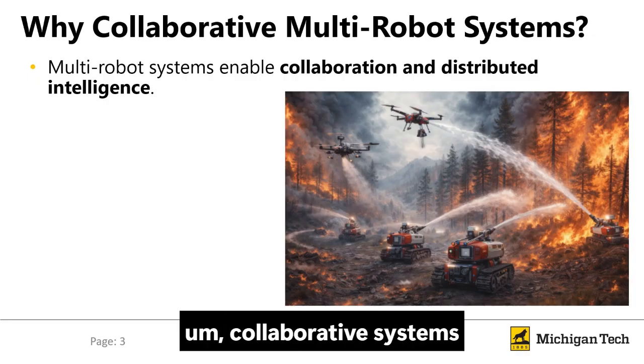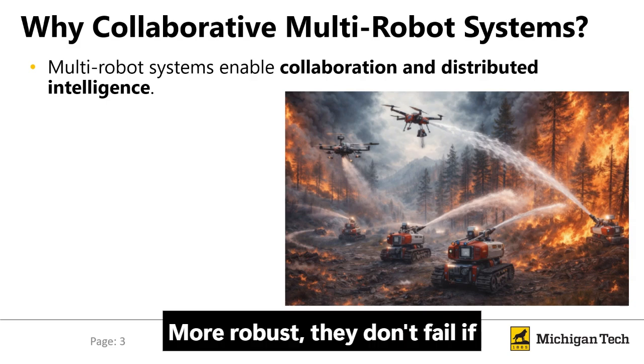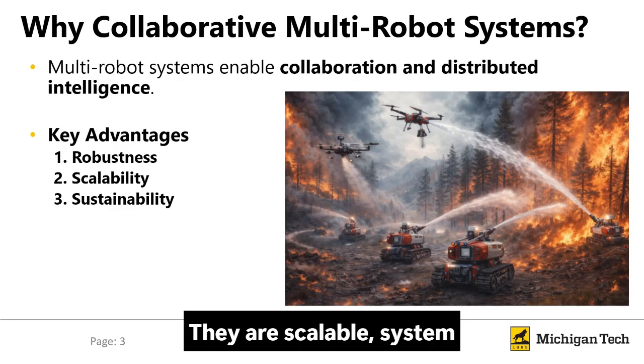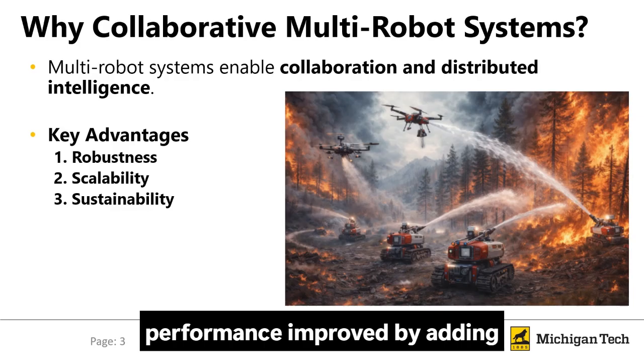Why are collaborative systems important? Because collaborative systems are more robust. They don't fail if one of the robots breaks. They are scalable: system performance improves by adding more robots.